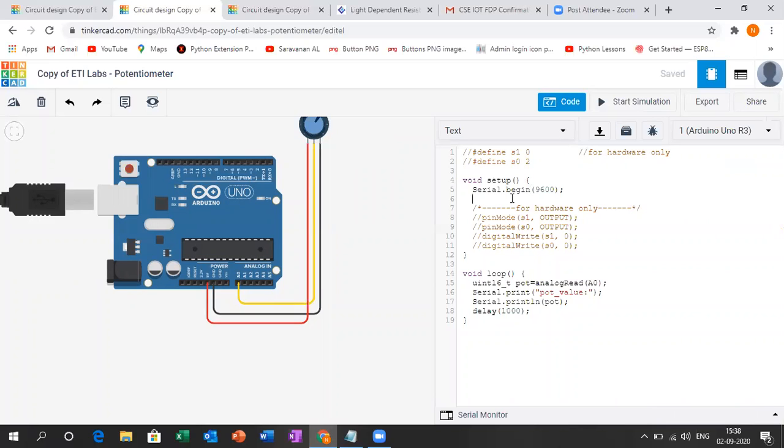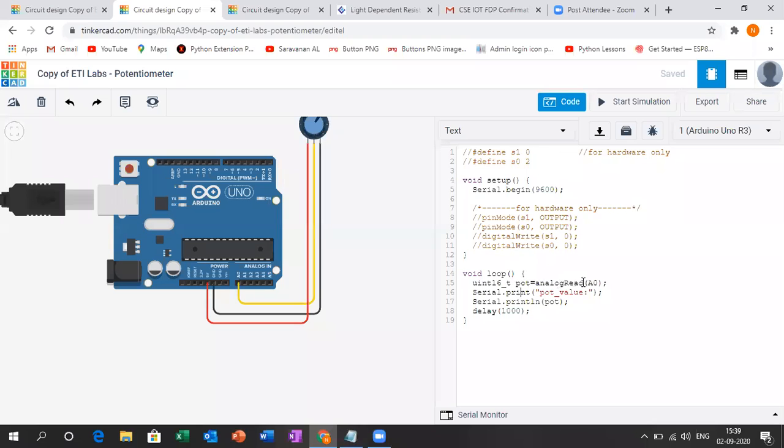Coding part is also very simple. Just in the setup function, I call the Serial.begin function, which is for serial monitoring, and the while loop function. In the while loop function, I declare a variable which is called pot.